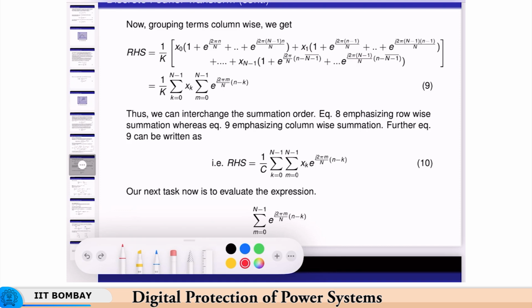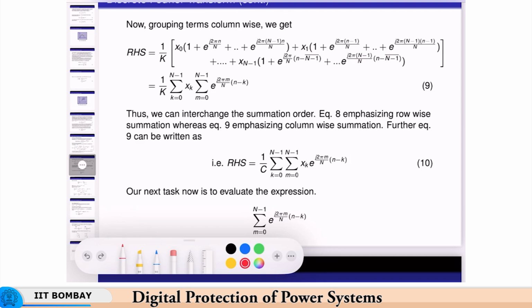So, this becomes all ones. Okay. So, 1 plus 1 plus 1 plus 1 plus 1 n times. It's from 0 to n minus 1. So, n times. So, you will get n x 1 or n x k. Okay. Now, with k is equal to n, you can easily get the sample back.